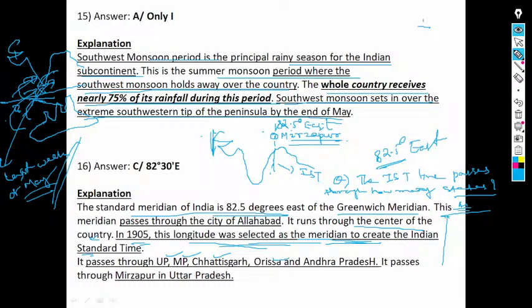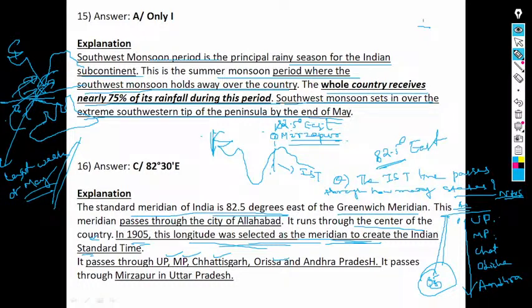Arrange them from north to south. First is UP, then Madhya Pradesh, then Chhattisgarh, then Odisha, then Andhra. In total, five states are crossed: UP, MP, Chhattisgarh, Odisha and Andhra Pradesh.